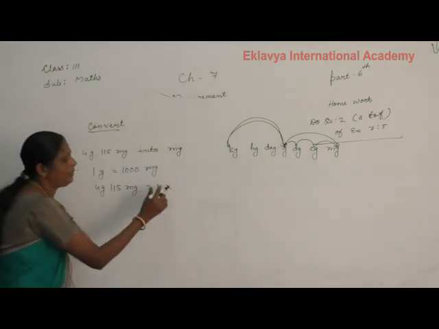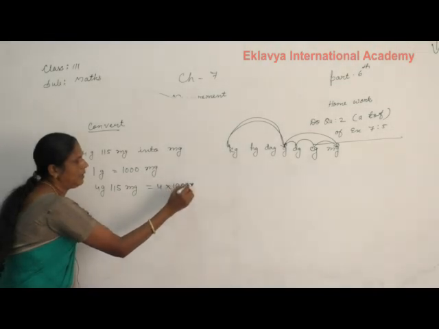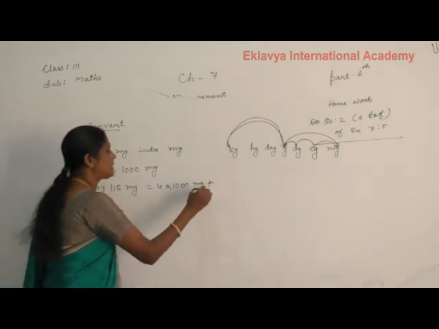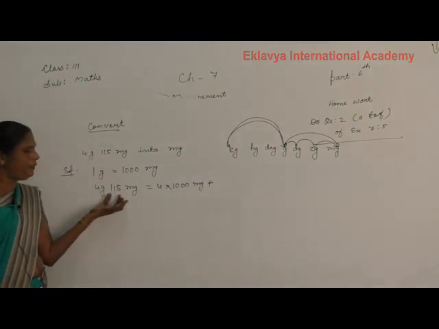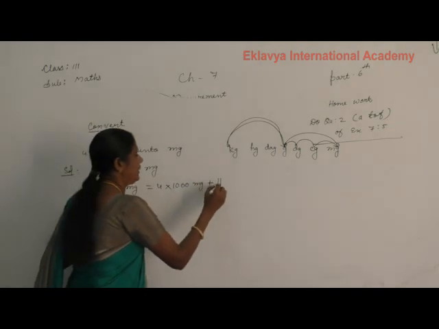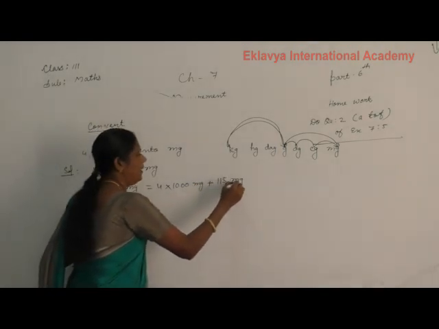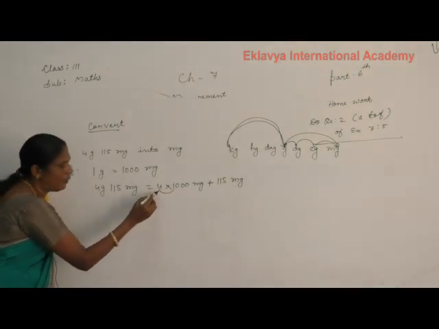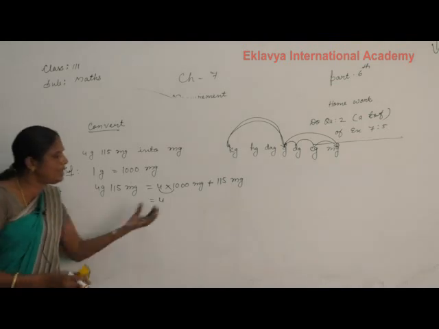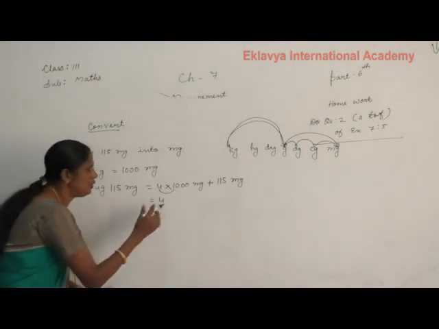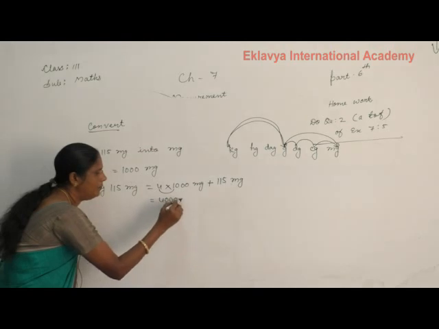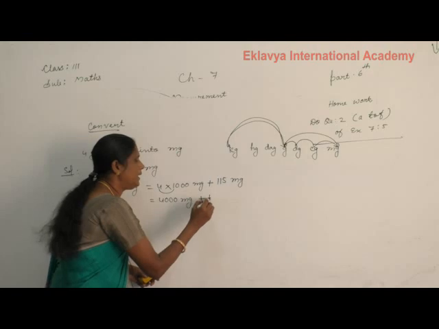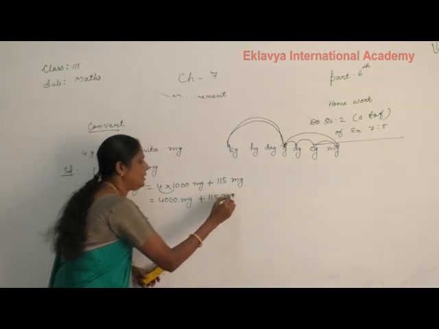Then 4 into 1000 mg, mg means milligram, plus 115 mg. Now multiply 4 and 1: 4 ones are 4. How many zeros are left here? 3 zeros. You put here mg plus 115 mg.